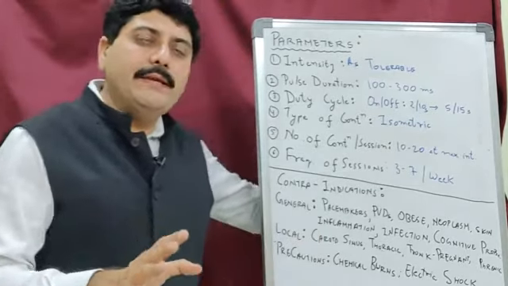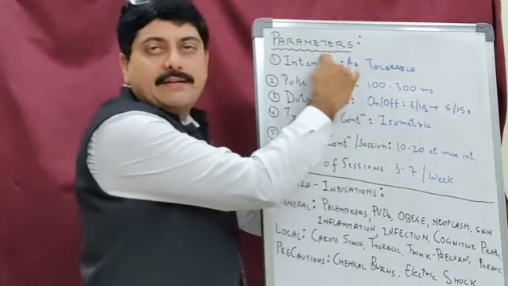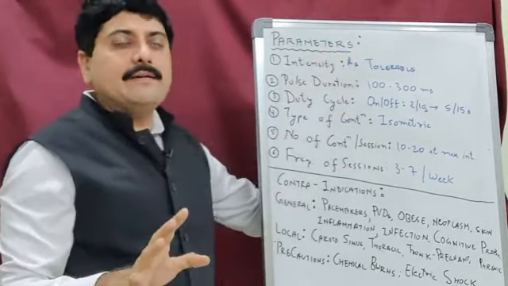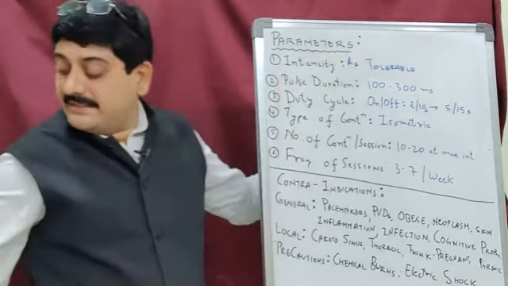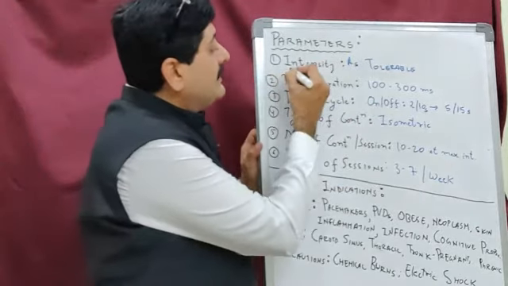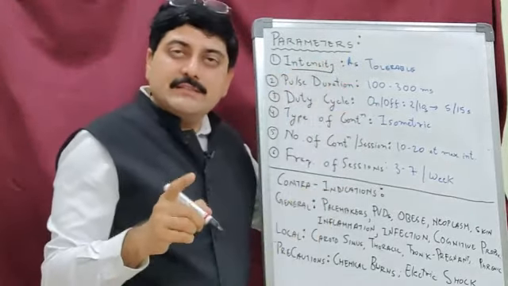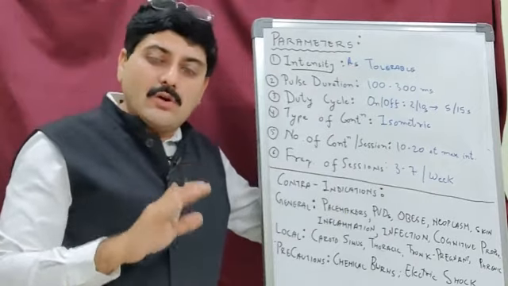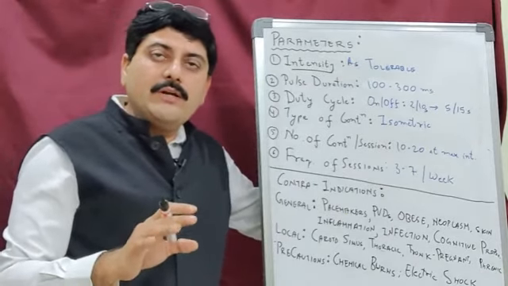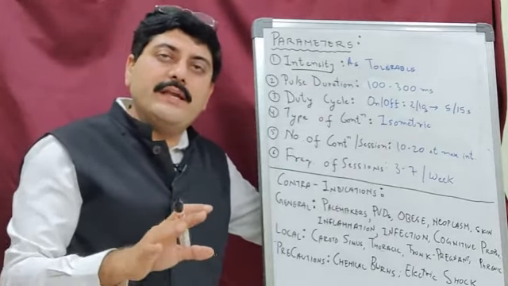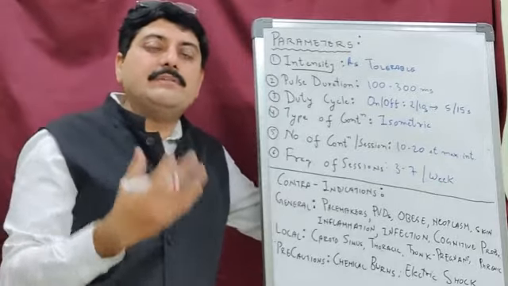So what should be the parameters of electrical stimulation? The parameters include, number one, the intensity of current. The intensity of current is as much current as the patient could tolerate. You are not going to tell the patient, it's okay, you can take more current, let me see the movement.